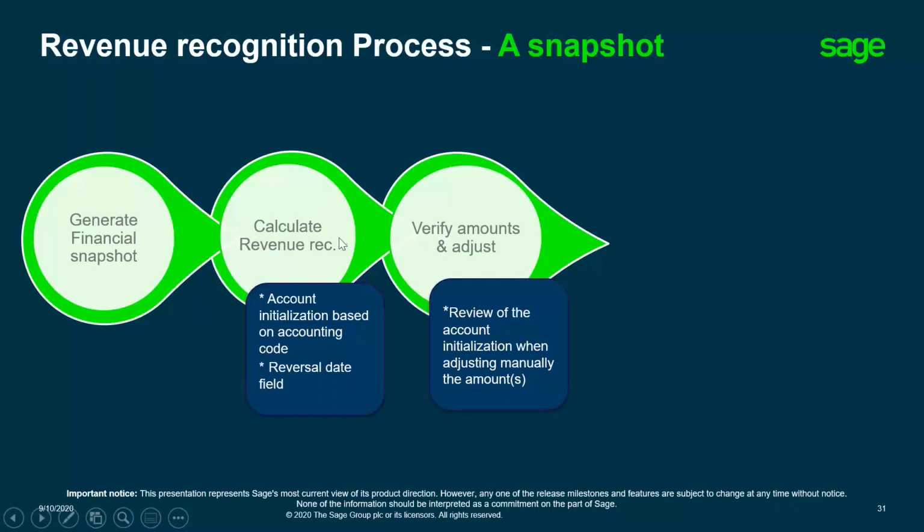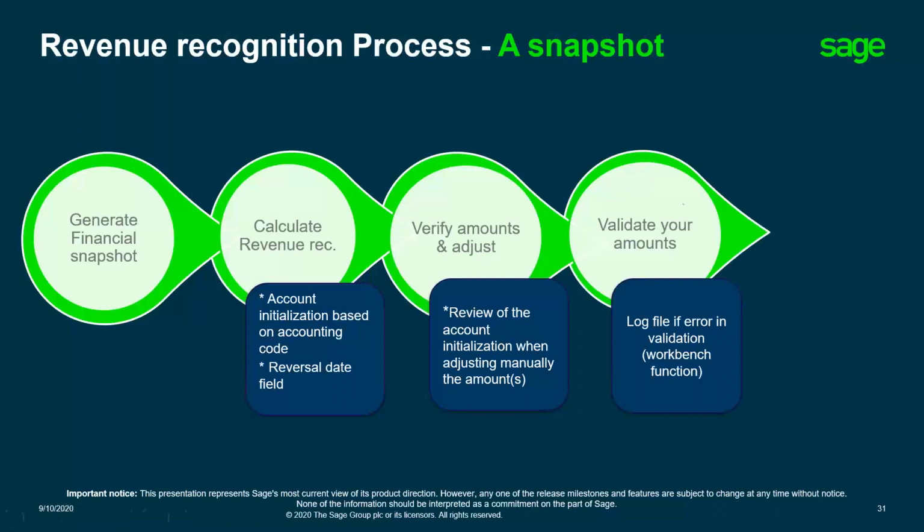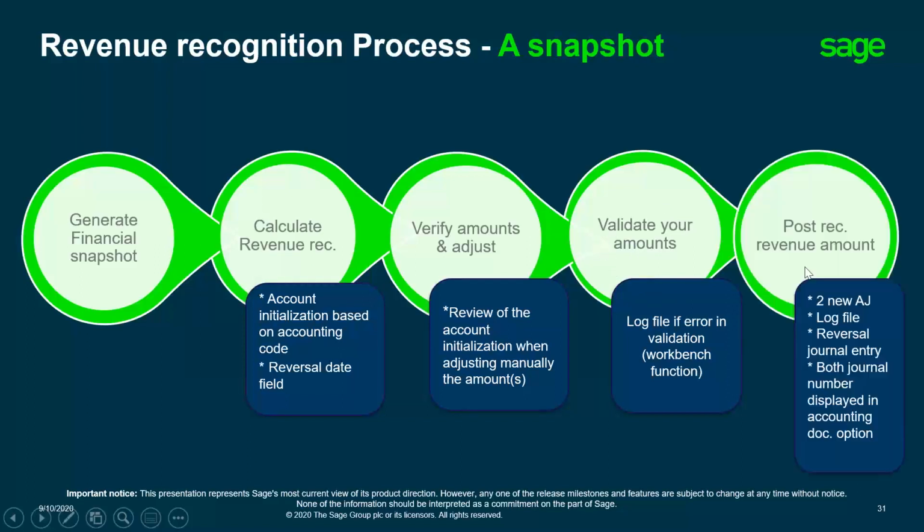Then I have to verify the result of the calculation and adjust the amount if I don't agree with the system. Then I validate the calculation, and the system will post my revenue recognition as well as the sales accruals or invoices to be issued into the accounting, and the system also automatically generates the reversal of journal entries for the next period.